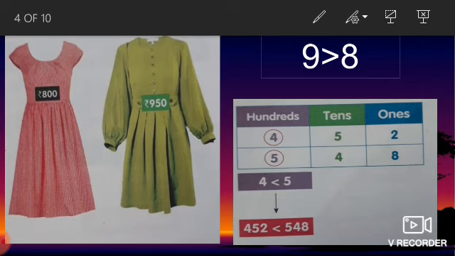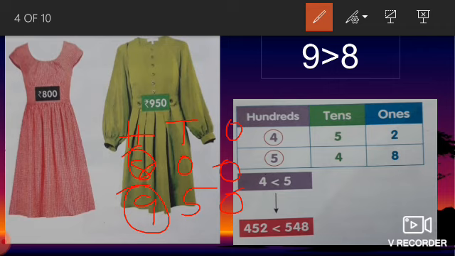In the same way, if you have to know which dress is costlier, write the place value chart. Hundreds, tens, ones. 800 and 950. Now compare. Let's start from left side, from hundreds place. There you can see the digit is 8 and the digit is 9.